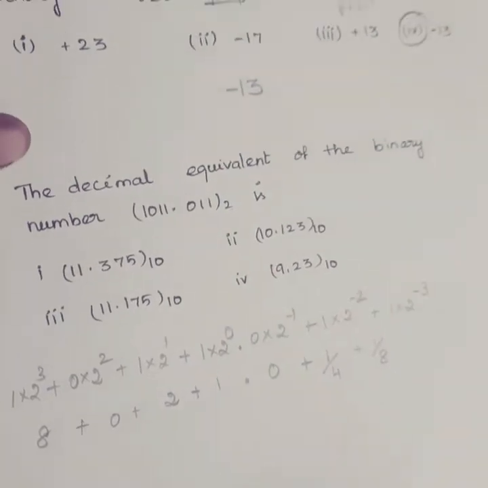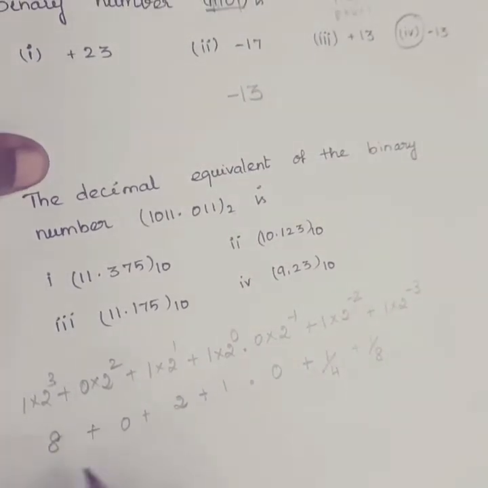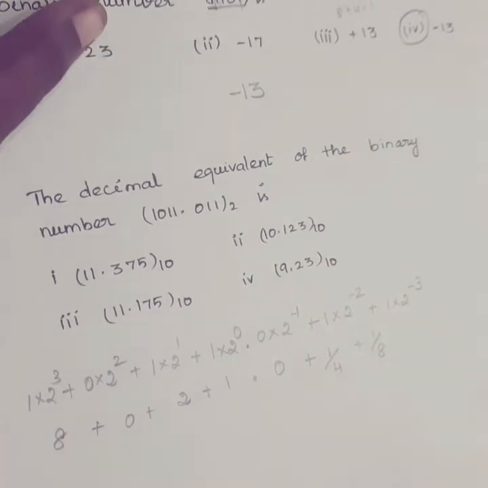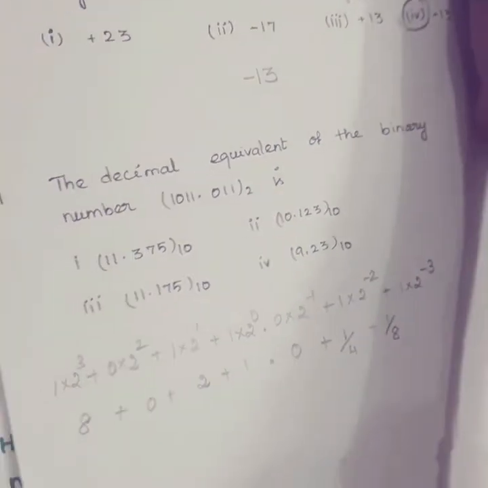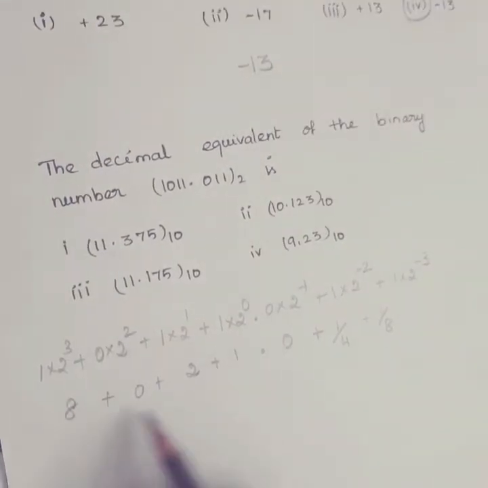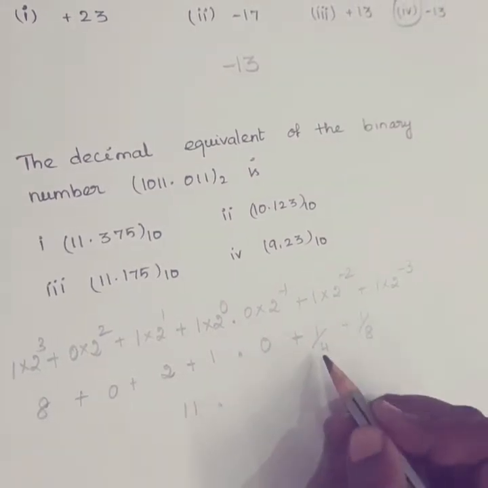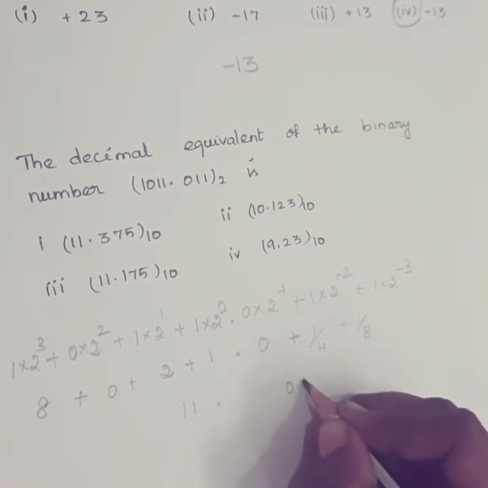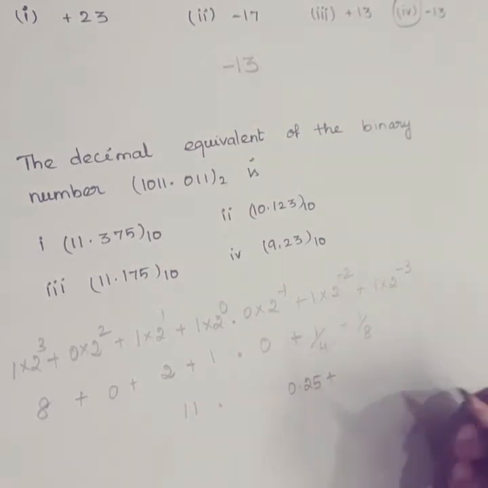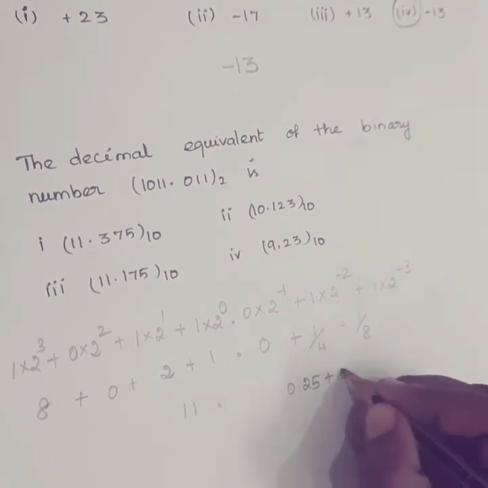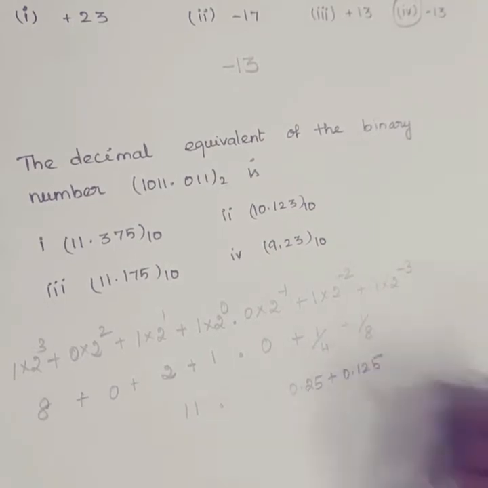So in the integer part you get 11. The fraction part, 1 by 4 is 0.25 and 1 by 8 is 0.125.